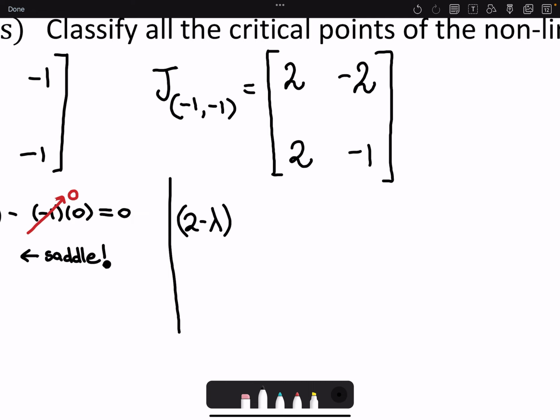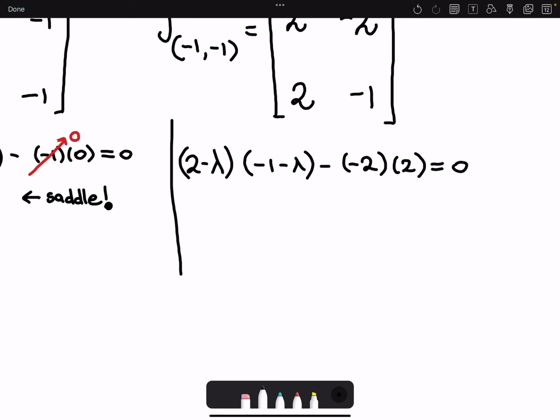eigenvalues here, we're going to get 2 minus lambda times negative 1 minus lambda, minus negative 2 times 2, that's equal to 0. So factor out a negative sign, lambda minus 2 and lambda plus 1 times negative 1. This becomes positive 4 equals 0.